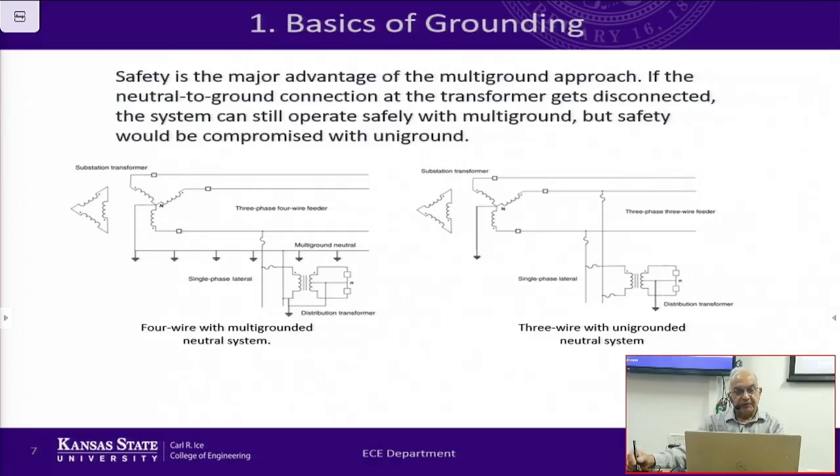So this is a single phase tap, and then from this single phase, this is called a lateral, and then we have another fuse here, and this is the distribution transformer that is connected here.